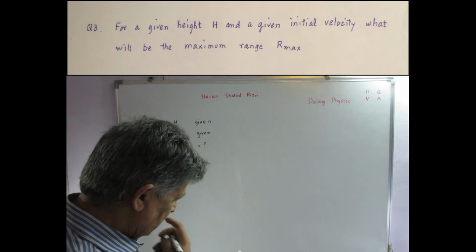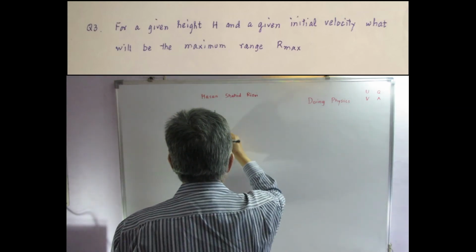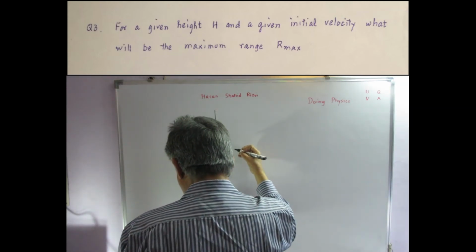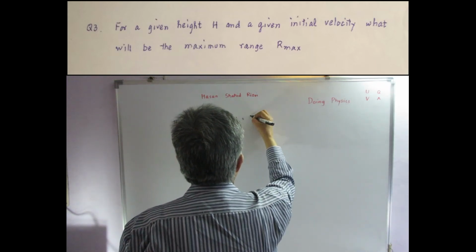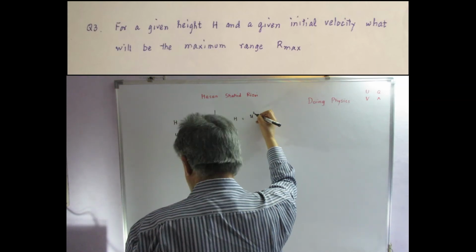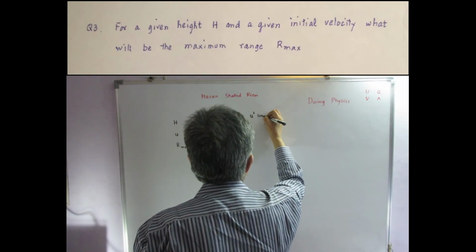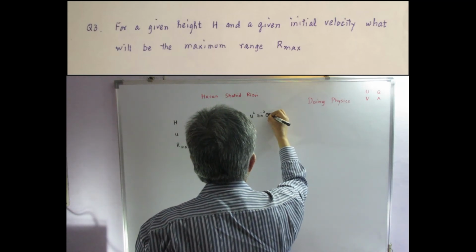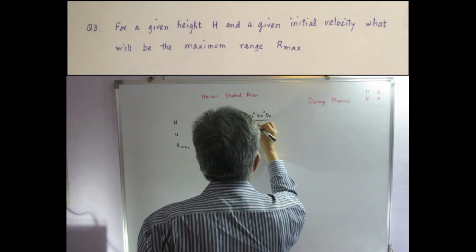Now you can see that there is a formula for H. H is equal to U square sine square of theta naught divided by 2g.